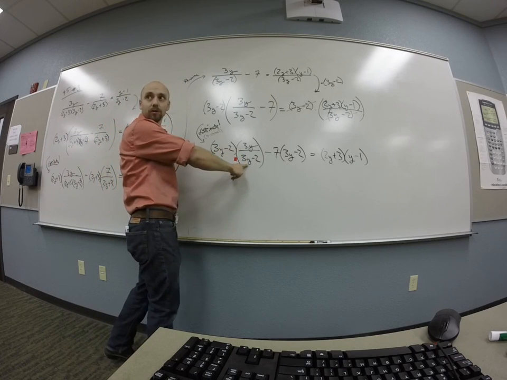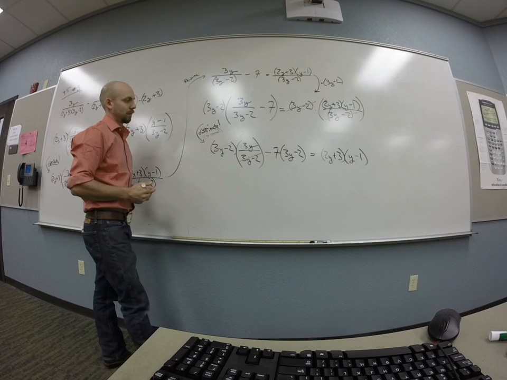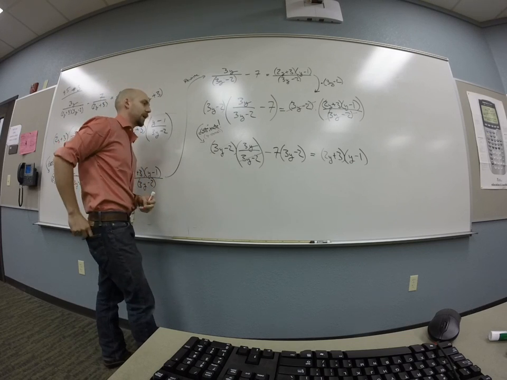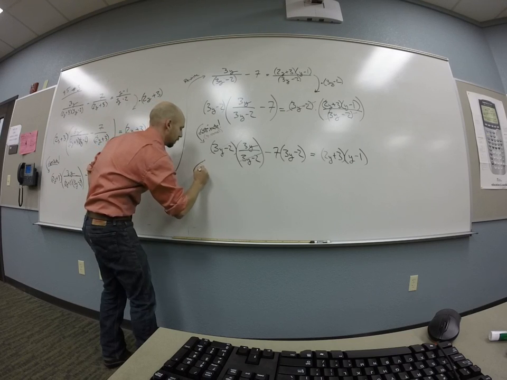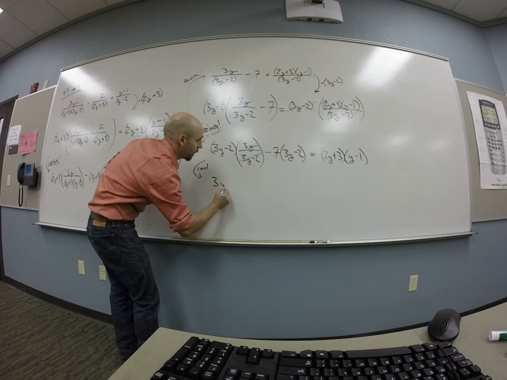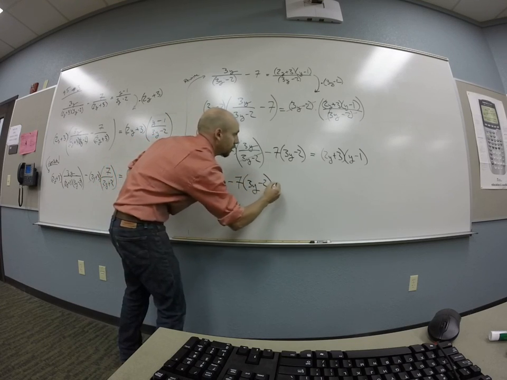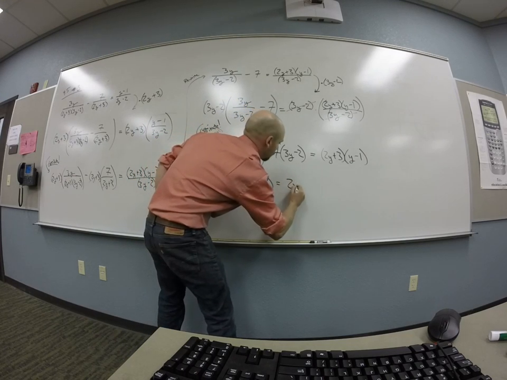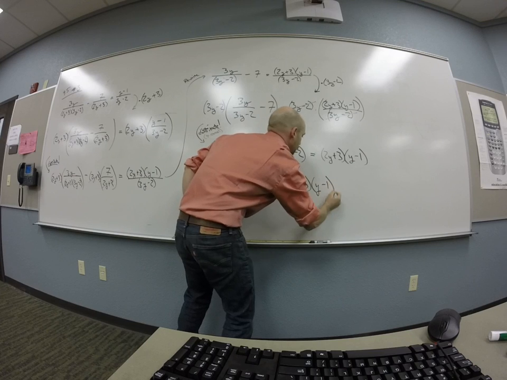There's 3y minus 2 top and bottom, so I can cancel those guys. All right, so this step is a cancel step. So I get a 3y minus 7 times 3y minus 2 is 2y plus 3 times y minus 1.